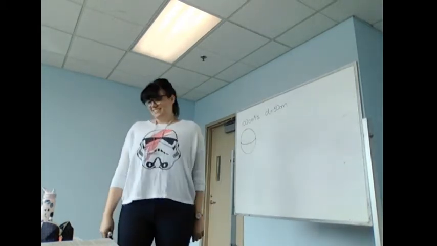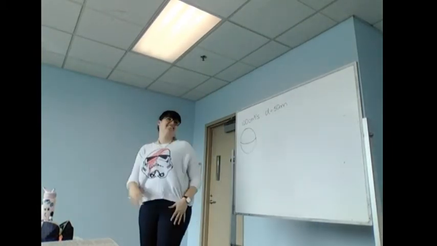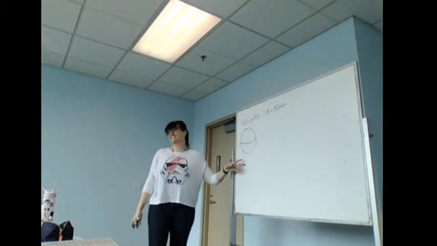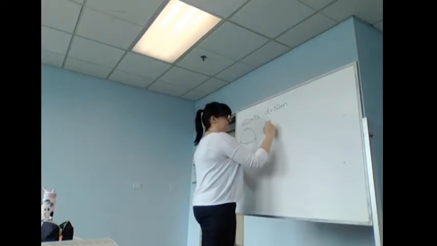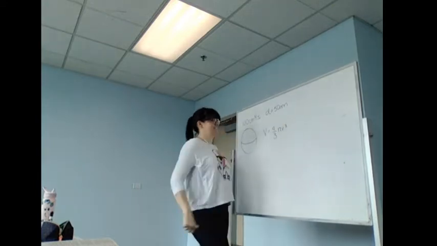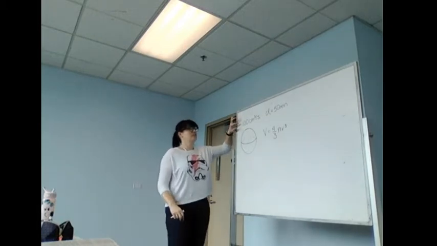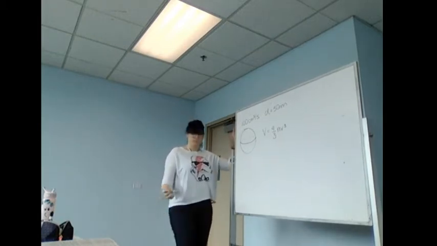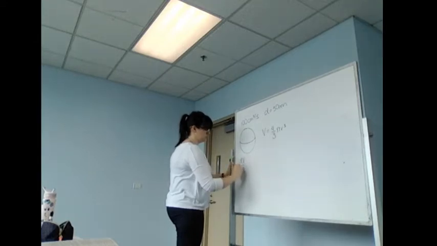Okay. So, how do we do this problem? Okay, so what do we know about spheres? Well, we're talking about the volume. So the volume of a sphere is this. We're talking about the rate of change of the volume. So derivative is a rate of change.